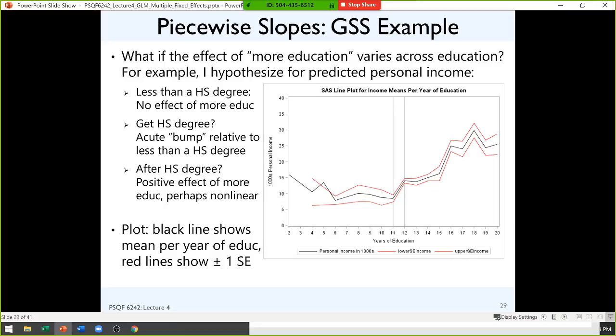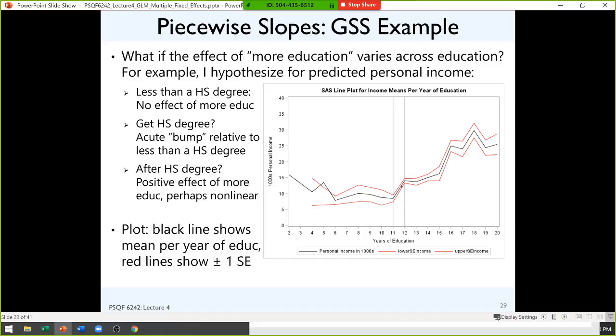If you cross that line, then you should have more personal income. Likewise, if you can get past high school and acquire some sort of advanced degree, then you should be doing even better. So I wanted to fit a model to test that idea with one slope that I would expect to be flat that goes through this section here from 2 to 11.